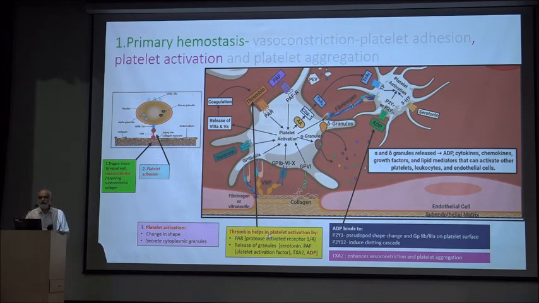So thrombin helps in platelet activation by protease activation receptors 1 and 4, and then the release of various types of granules, of which ADP is very important, because ADP then binds to P2Y1 and P2Y12 receptors which are present on the platelet, and also thromboxane, which enhances vasoconstriction and platelet aggregation. Then these granules are released, and there are various types of granules which have various functions.